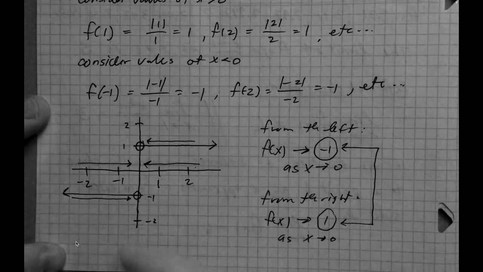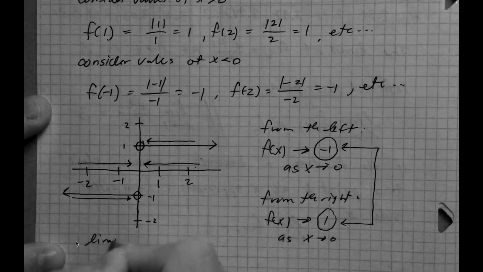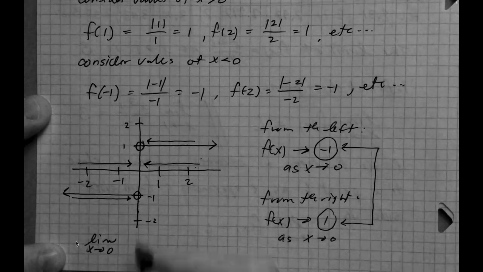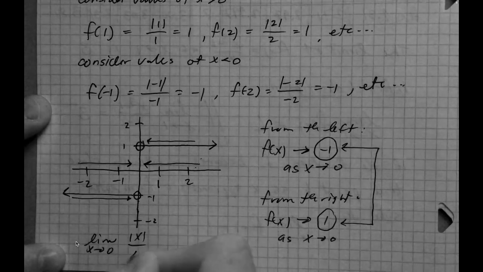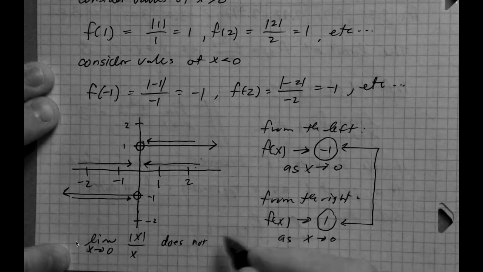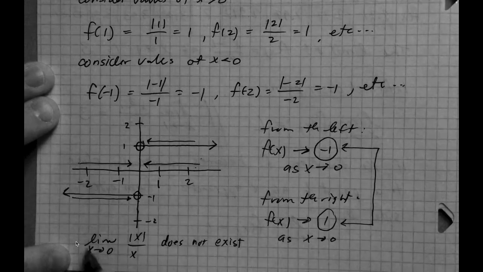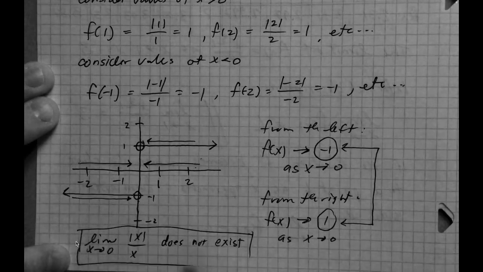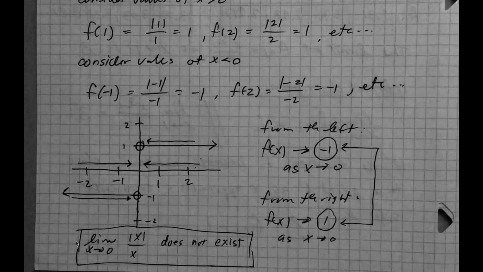So we would say that the limit as x approaches 0 of the absolute value of x over x does not exist, precisely because the left-hand side and the right-hand side do not agree on what they are approaching. In order for the limit to be there, you have to approach the same number. So, does not exist. Very good.